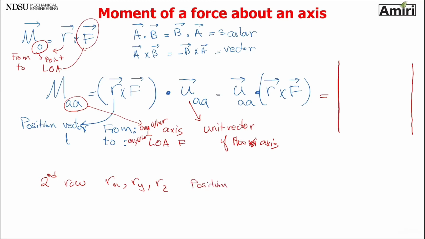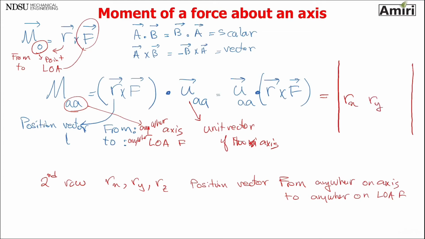Position vector from anywhere on the axis to anywhere on the line of action of F. We still have that: Rx, Ry, Rz components.